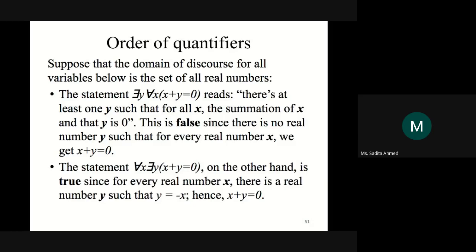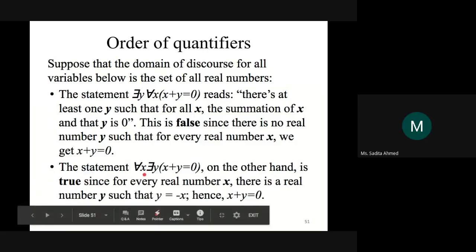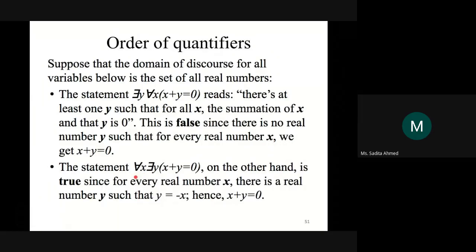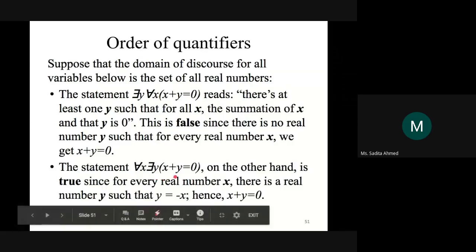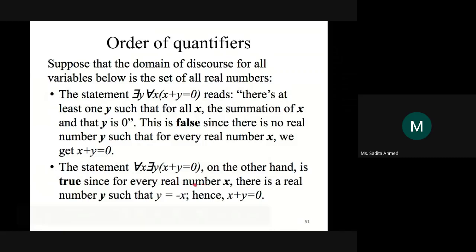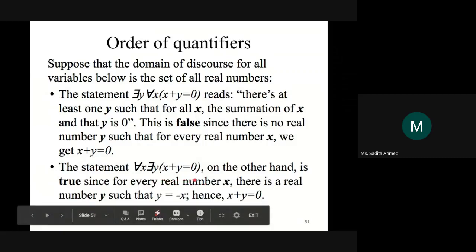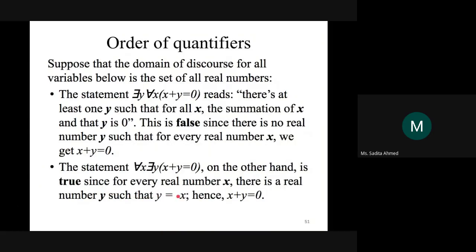Even for fractions, every real number has a negative, right, guys? Yes, ma'am. So the statement says for all real numbers, there exists at least one real number such that x plus y equals 0. And it is true, because for every real number x, you will be able to find one real number y such that y is equal to -x.